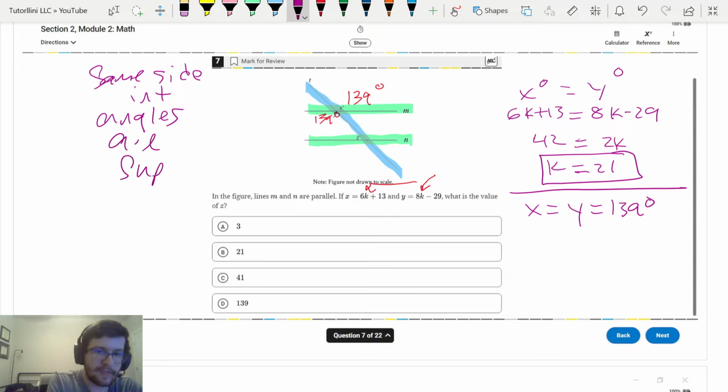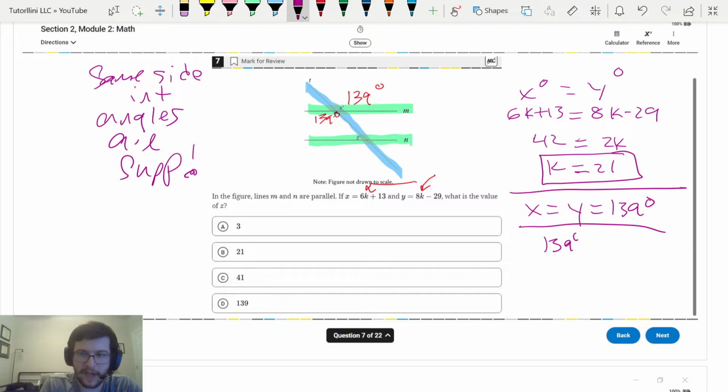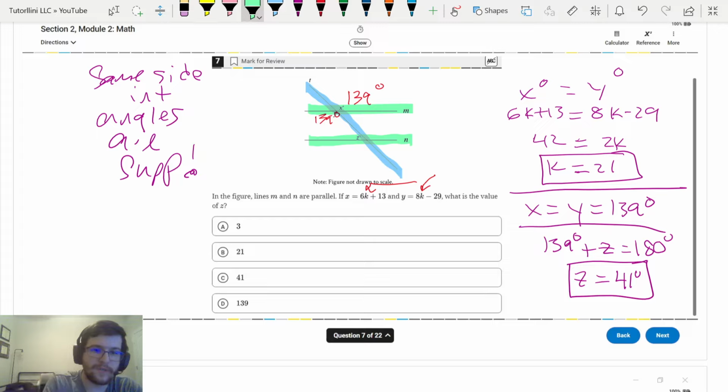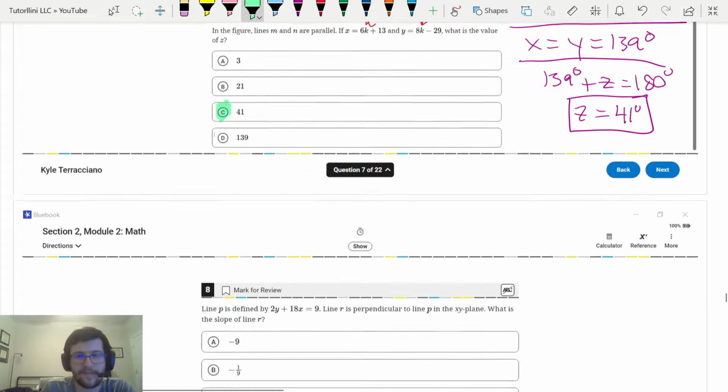Supplementary means they add up to 180. College Panda has a great chapter on this called Angles. You should really check it out. So the 139 from the y and the z must add up to 180. So we subtract 139 from both sides, and we get z equals 41 degrees. So z is 41. Great.